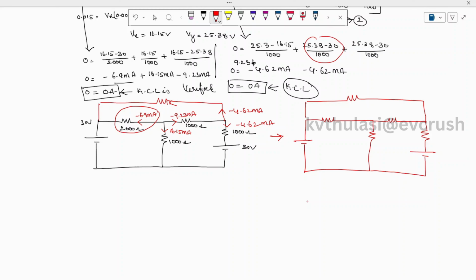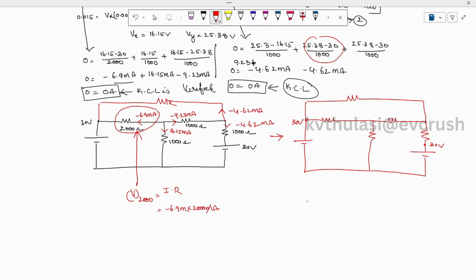So when you see here, the voltage at this point is 30 volts. The voltage at this point is 30 volts. And when you multiply this drop, the voltage across the 2000 ohm resistor is equal to I into R. So I is how much? Minus 6.9 milliamperes into 2000.